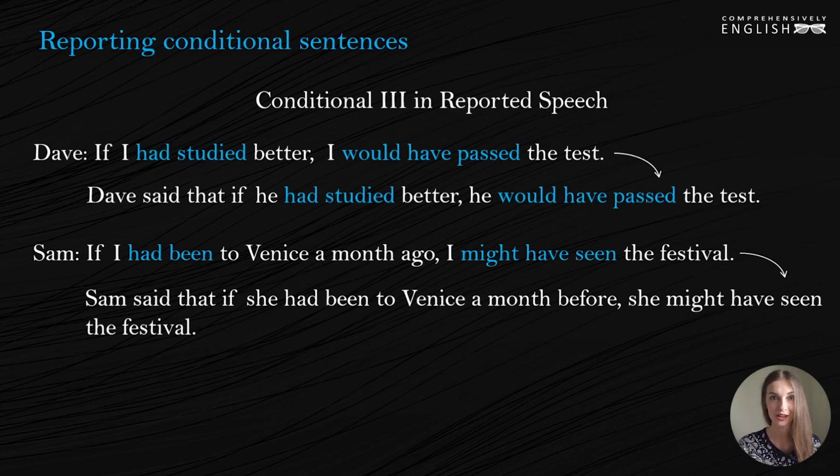Please pay attention to the adverbs of time. A month ago becomes a month before, right? Here we see that nothing has changed because the past perfect tense is not changed. Yeah, it goes nowhere. We don't have a grammatical tense which would be further back in the past, right?